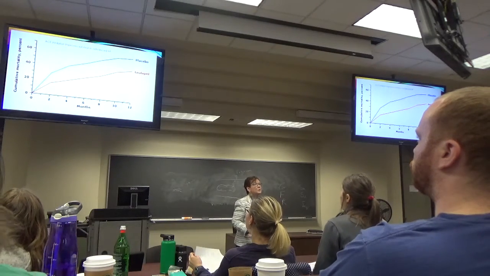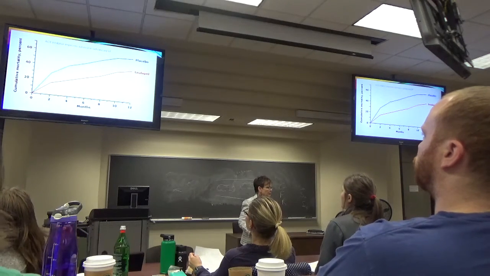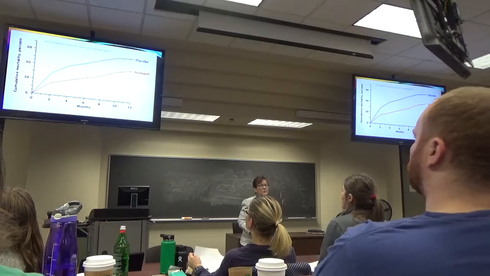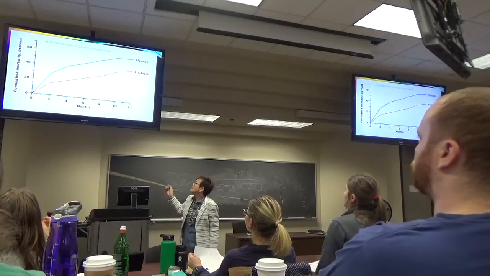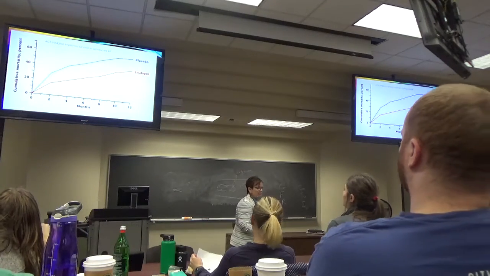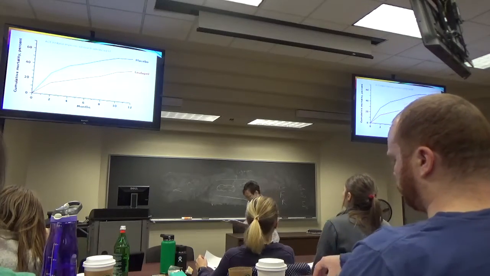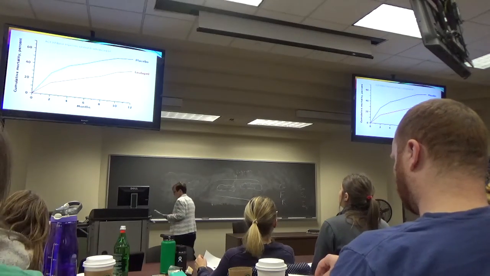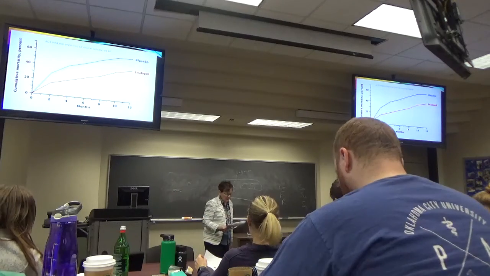Impressive. At 12 years, what were people on placebo? Over 60%. And enalapril, what do you see? Almost 50. ACE inhibitors are important. They improve survival, across the board from asymptomatic to the advanced.